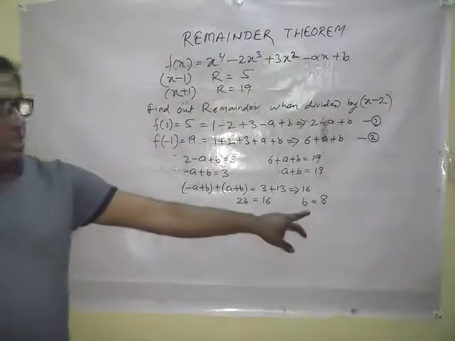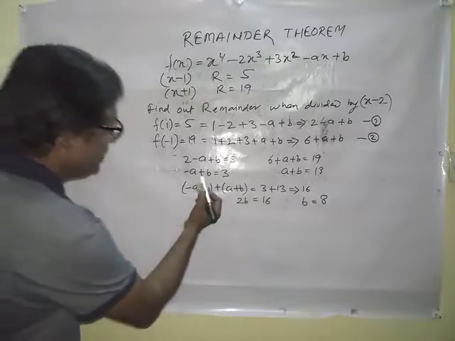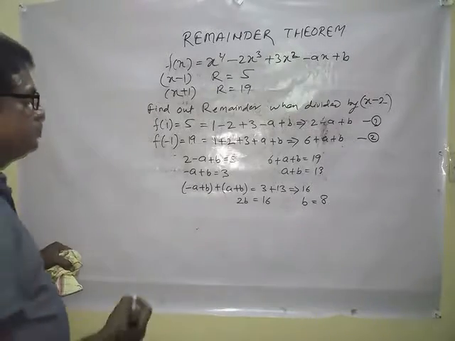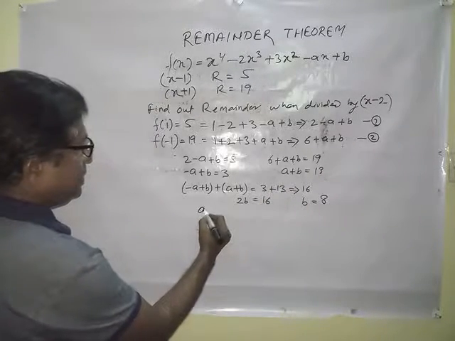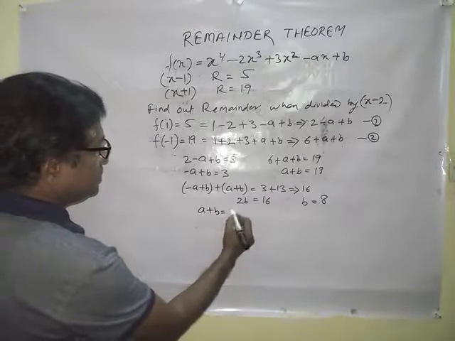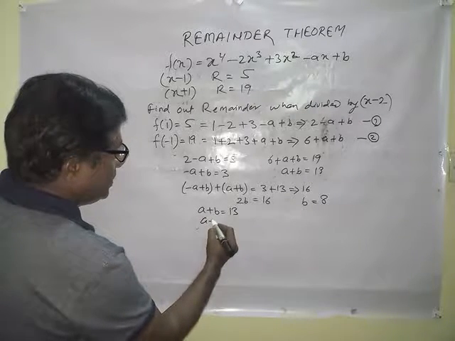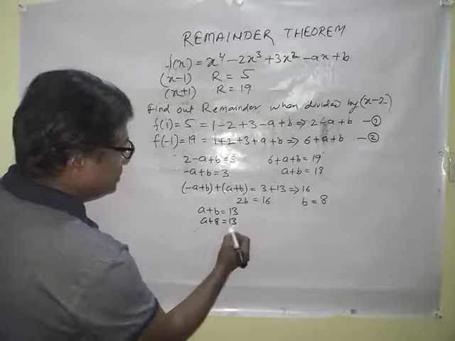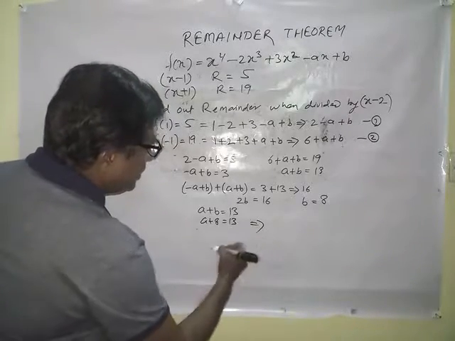Now you got the value of b. Apply the value of b in any of these equations. Say let us apply here. a plus b is equal to 13. So a plus 8 is equal to 13. Then 8 will go there.